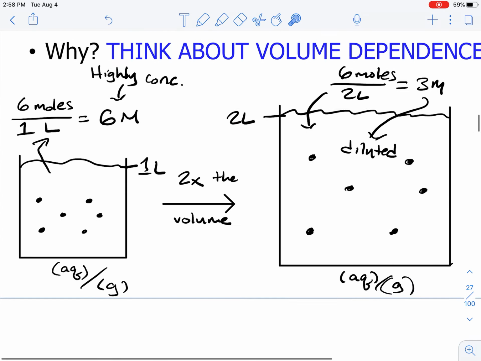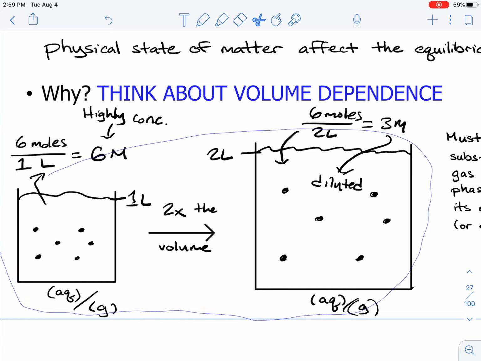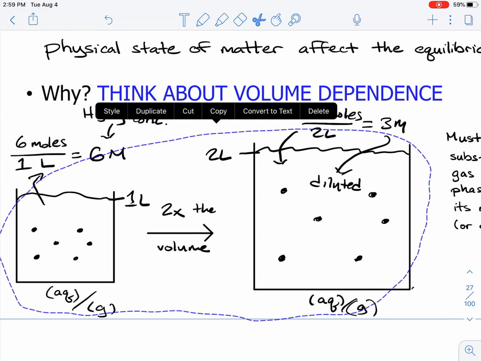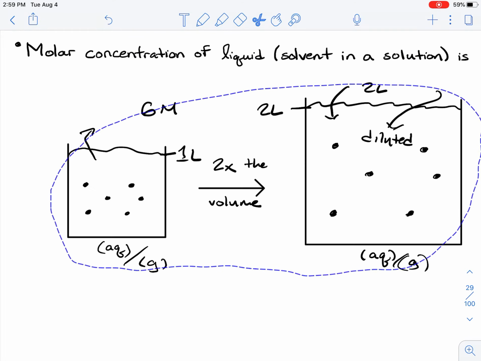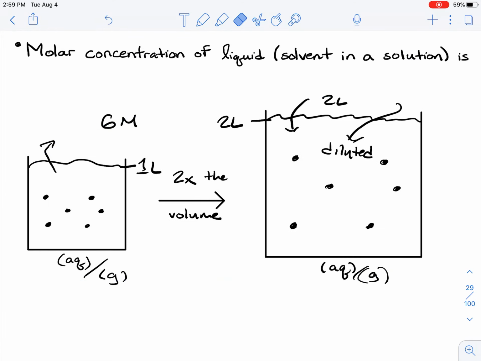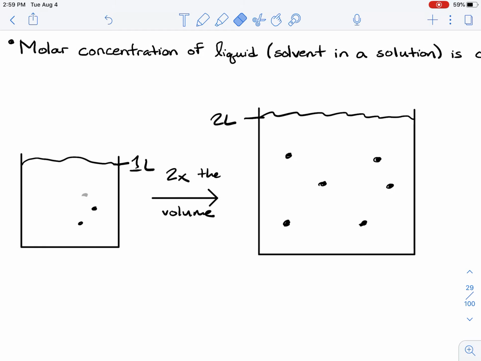And so what I'm going to do is I'm just going to simply copy this diagram. And then I'm going to paste it over here and I'm going to erase some stuff. And so typically for liquid, you're talking about the concentration of pure solvent.